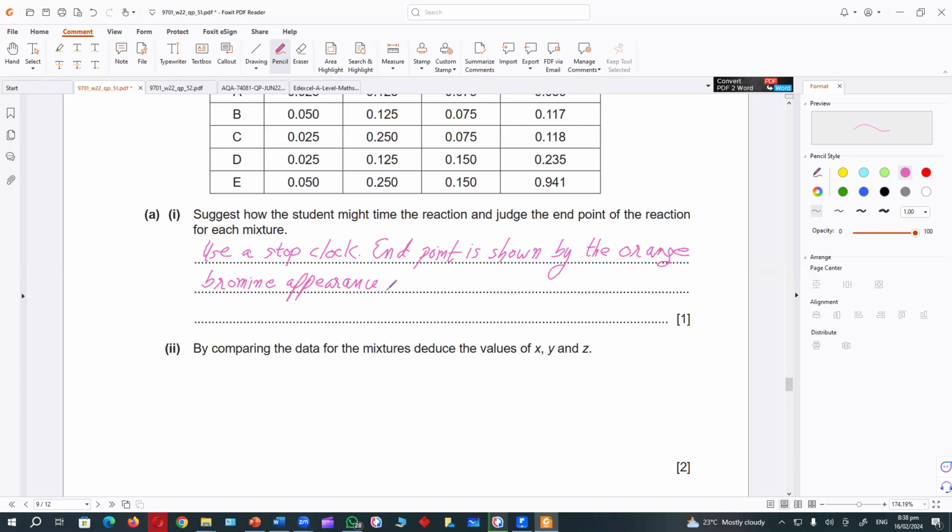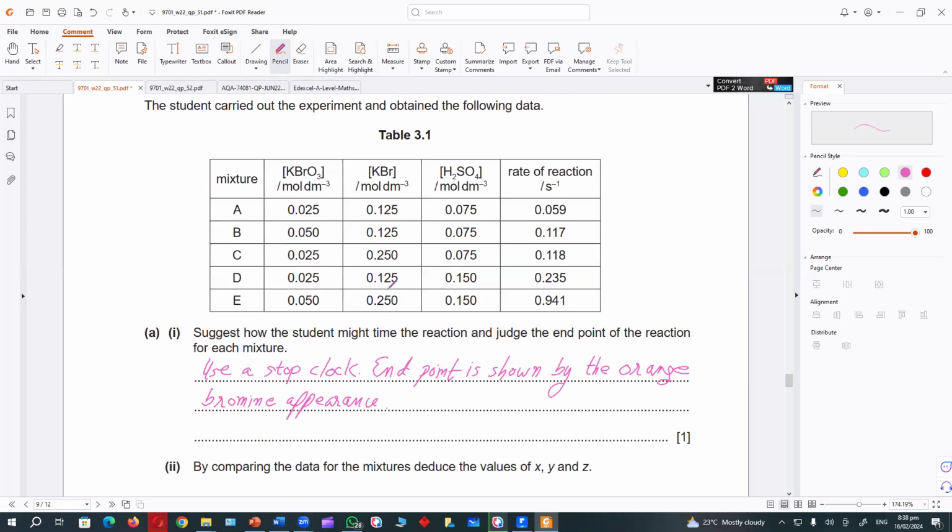By comparing the data for the mixture, deduce the values of X, Y, and Z. So in the first part, when 0.125 is constant, we can compare KBrO3 and H2SO4. The rule is one variable constant, so the other can be compared.